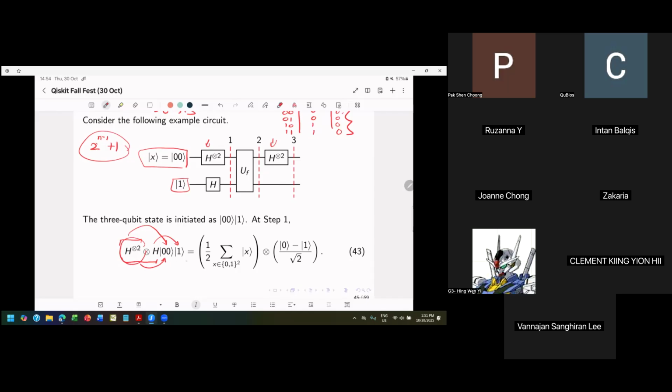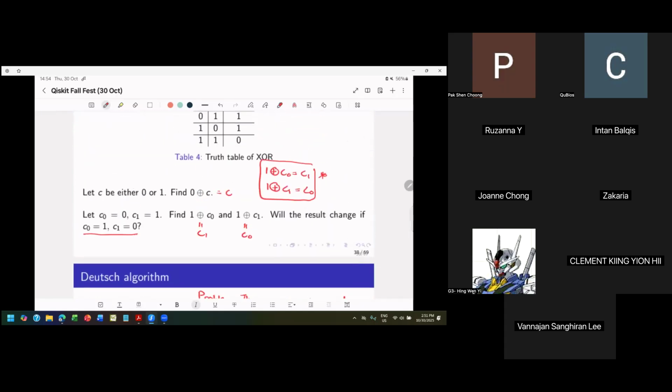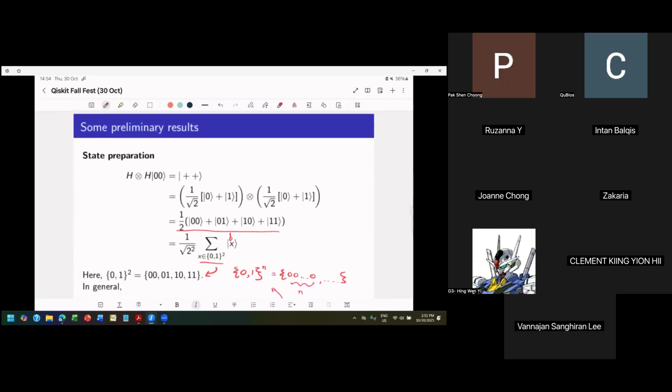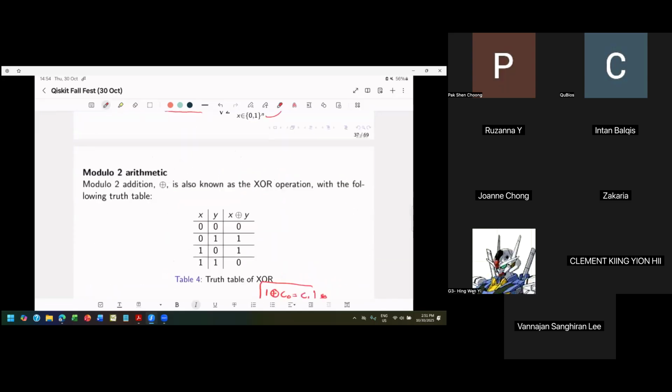And once you do that, remember when we have the state preparation equation, we basically have this equation. I hope you still remember that from the very first one here, state preparation.